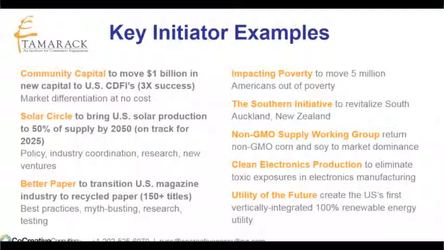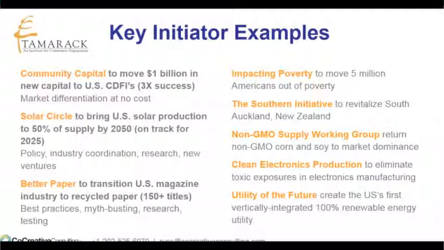Key initiator networks were pioneered by a woman named Susan Davis back in the 1980s, and we've built on what she did and have worked with her over time to flesh out how we select the people for participating in these groups, the principles that we use, et cetera.